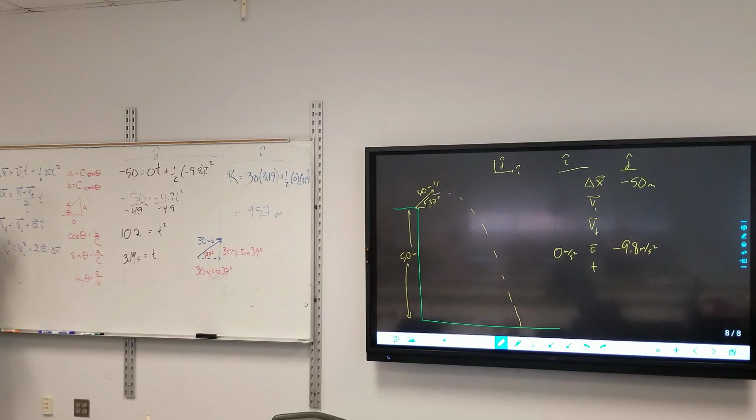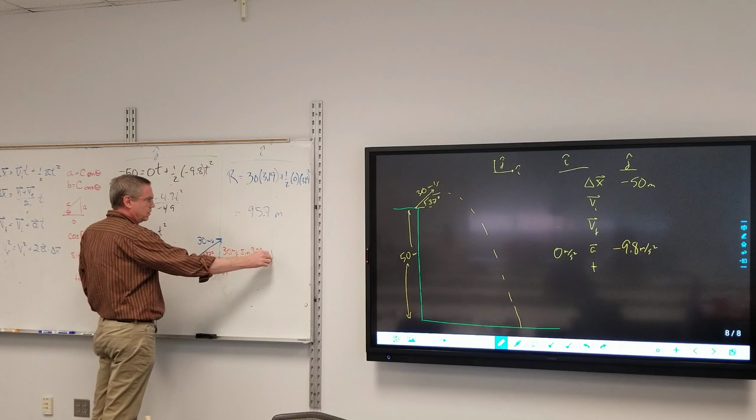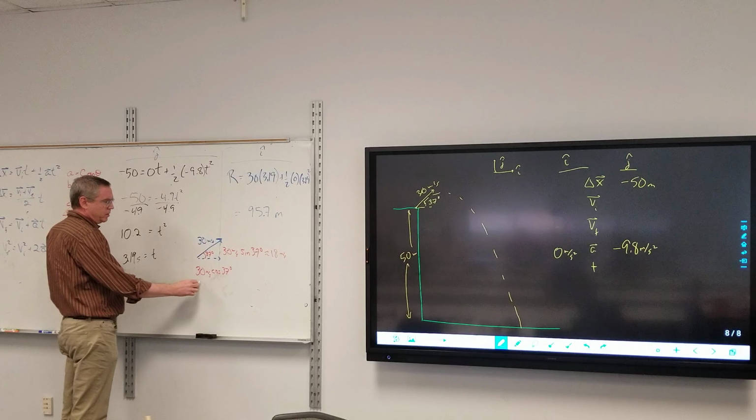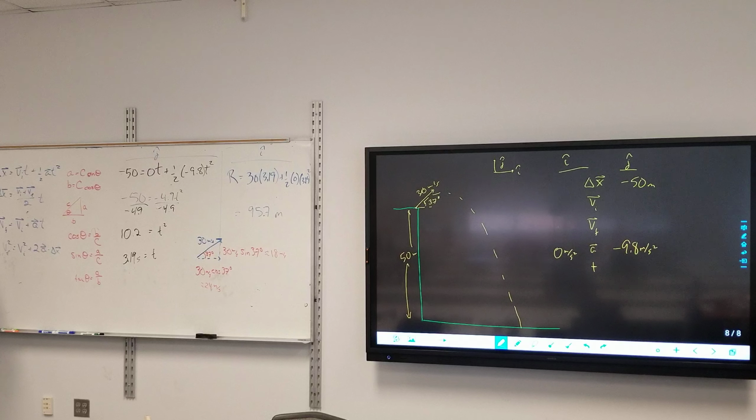And 30 times the sine of 37 degrees is about 18. And this one would be about 24. I think it's slightly higher than 18 and slightly less than 24. 18.05.